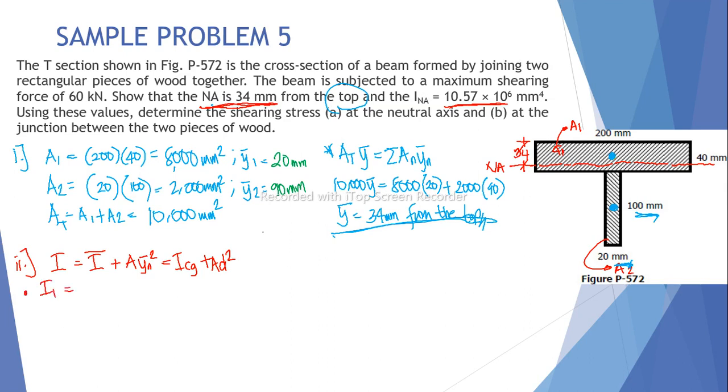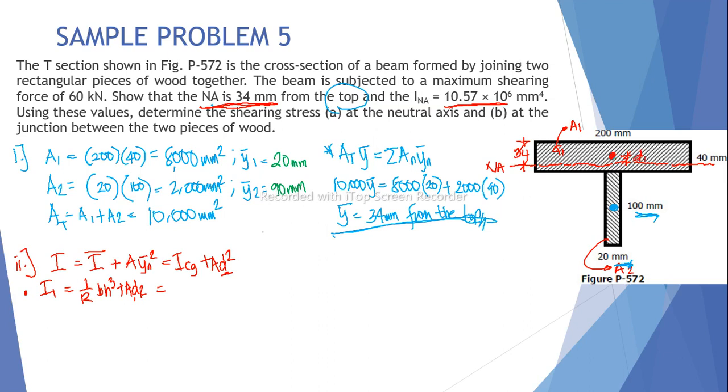For area 1, the central moment of inertia is 1 over 12 b h cubed, right? Plus A d squared. So for area 1, that is area 1 times d1 squared. Here, d is the distance from the centroid of the polygon, let's say this rectangle, to the neutral axis.